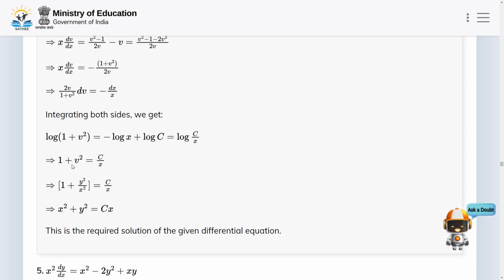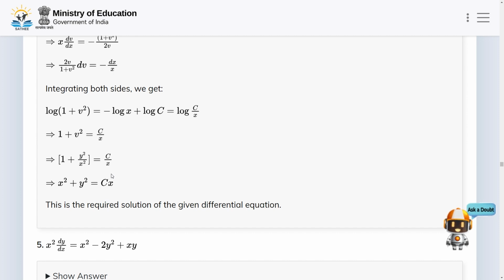So the final answer in terms of v and x will be 1 plus v square is equal to c by x. Substitute v by y by x. You will get your final general solution in terms of x and y: x square plus y square is equal to cx. Clear? Okay, let us move next.